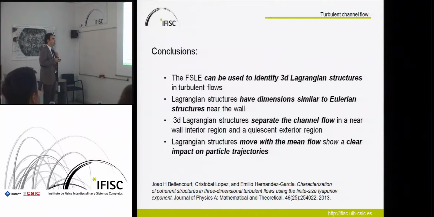So our conclusions from this analysis of the turbulent channel flow were that the FSLE can be used to identify the Lagrangian structures. These structures have dimensions similar to Eulerian structures.